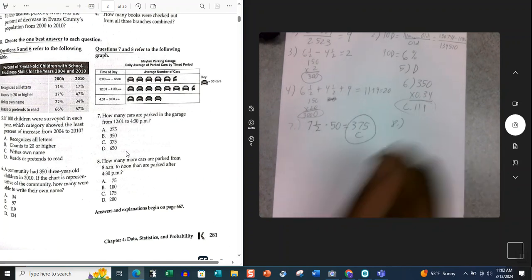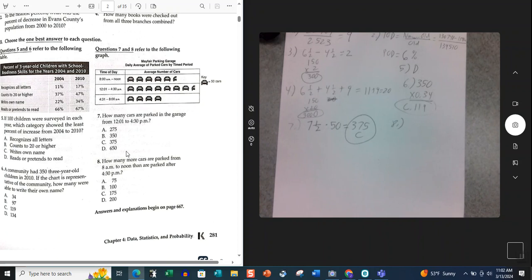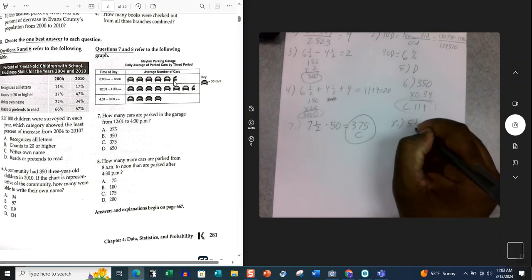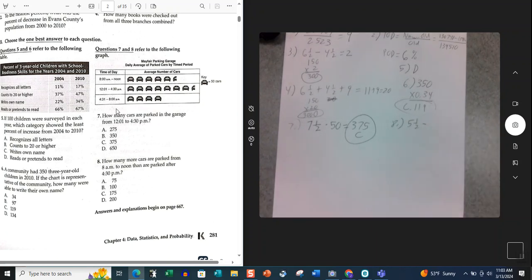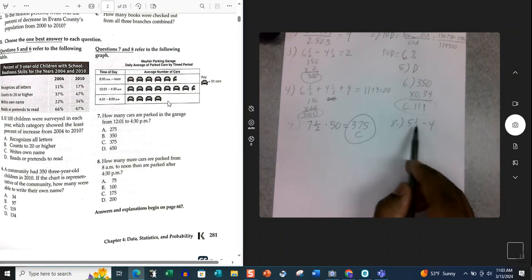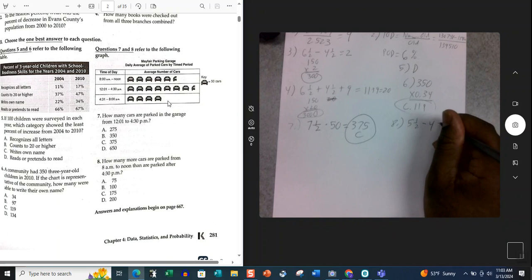So now number 8. How many more cars are parked from 8 a.m. to noon than parked after 4:30 p.m.? So 8 a.m. to noon, we have 1, 2, 3, 4, 5, 5 and a half, minus after 4:30 p.m. is 4. 5 and a half minus 4 is 1 and a half.